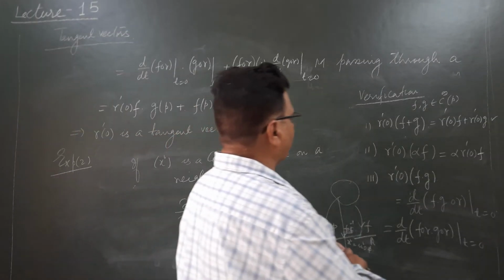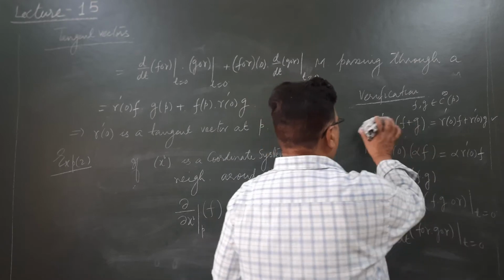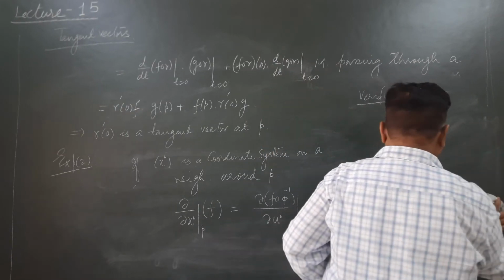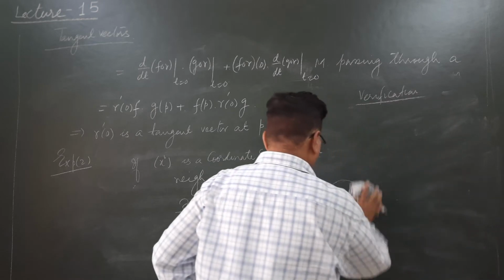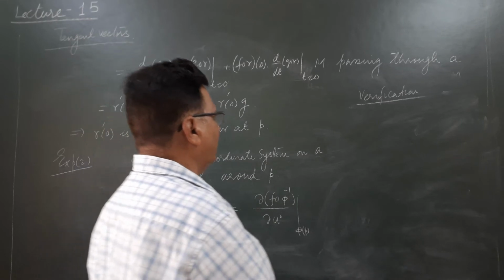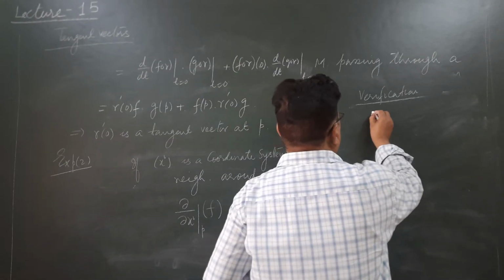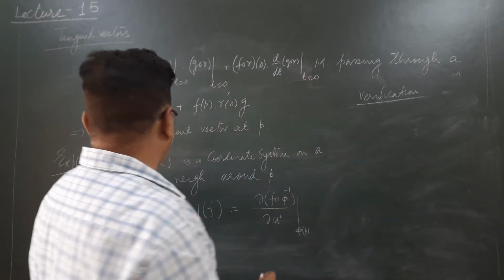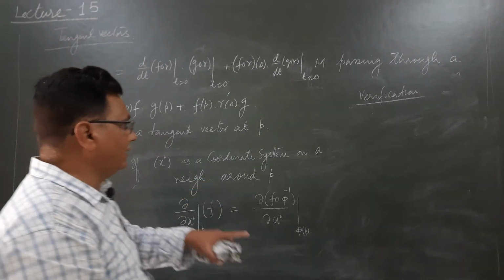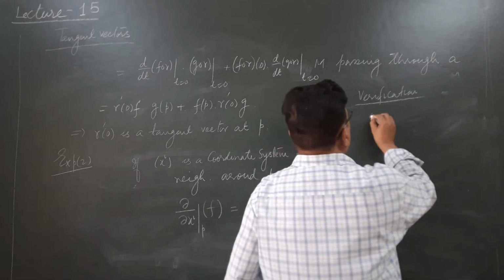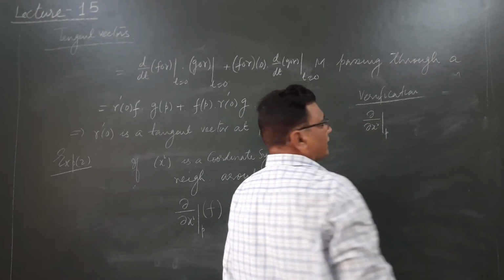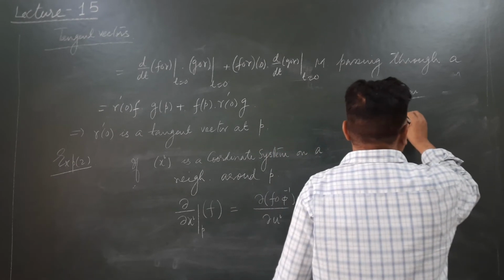So once again, verification of the fact that del upon del xi are in fact tangent vectors to the manifold at the point P. So my claim over here is that del upon del xi, with this understanding in mind that xi are the local coordinates around P, then del upon del xi at P are tangent vectors.